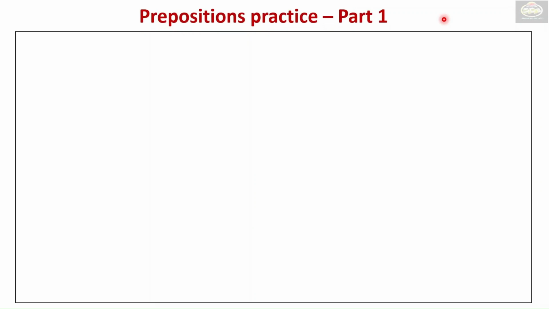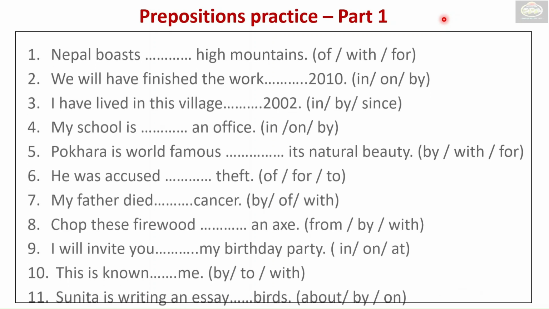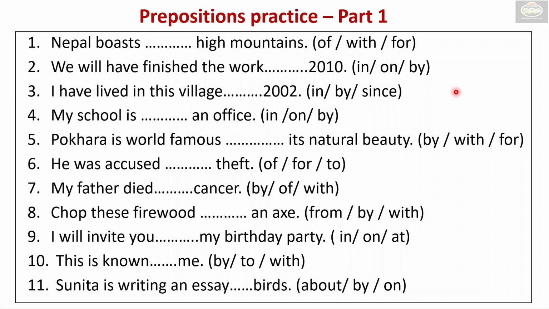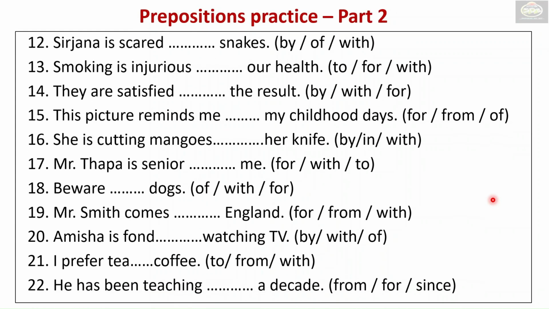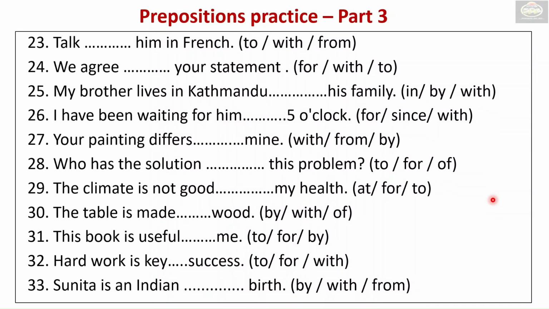Okay students, now we are moving towards the practice section. I have collected some questions for you and there are alternatives in the brackets. You have to choose the right alternative to fill up the blank spaces. This is part 1. Next, this is part 2 and this is part 3.